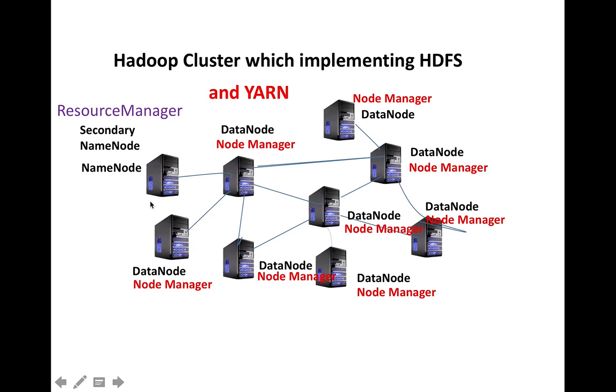One machine can store a lot of things. But for a bigger cluster, generally we don't do that. For a small cluster, for example, if you just have 5 machines, you can make one machine run the resource manager, name node, and secondary name node.